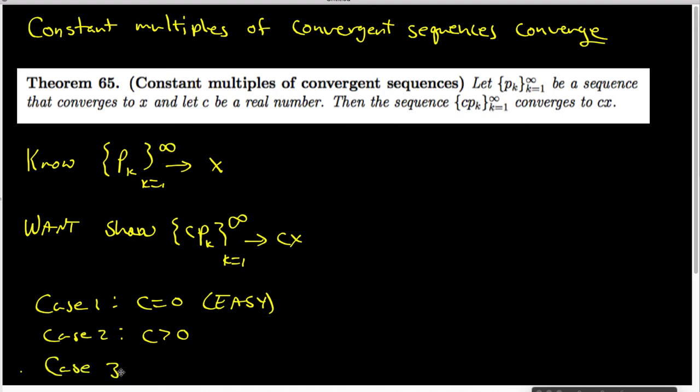And case 3 is c is less than 0, and this is going to modify case 2 to take care of the fact that c is smaller than 0, and so a lot of our inequalities will all switch when we do a multiplication. So I want to get started on each one of these cases.